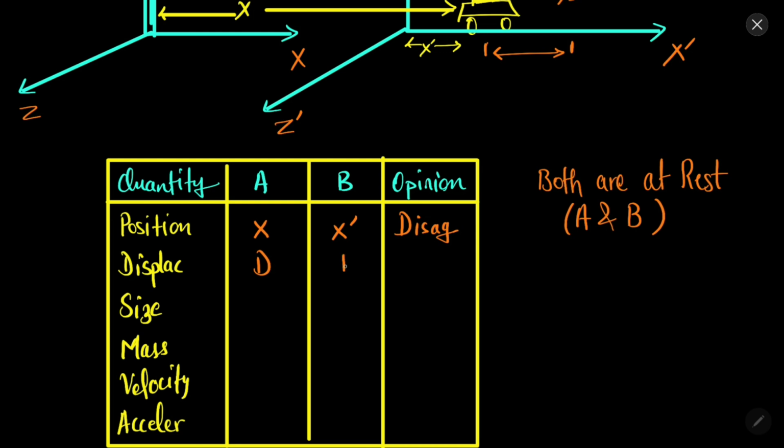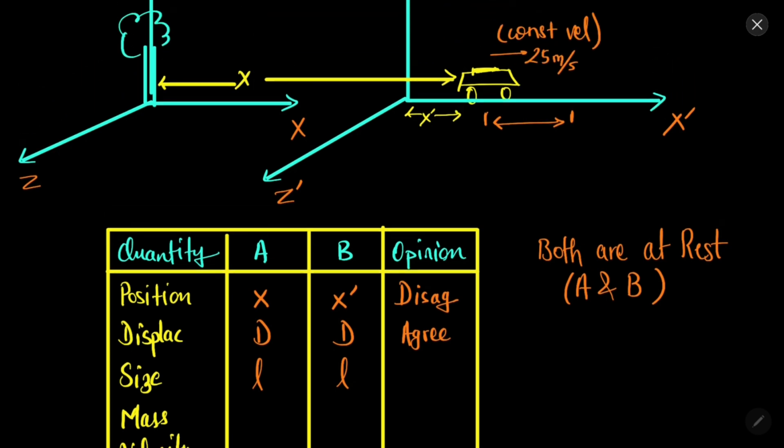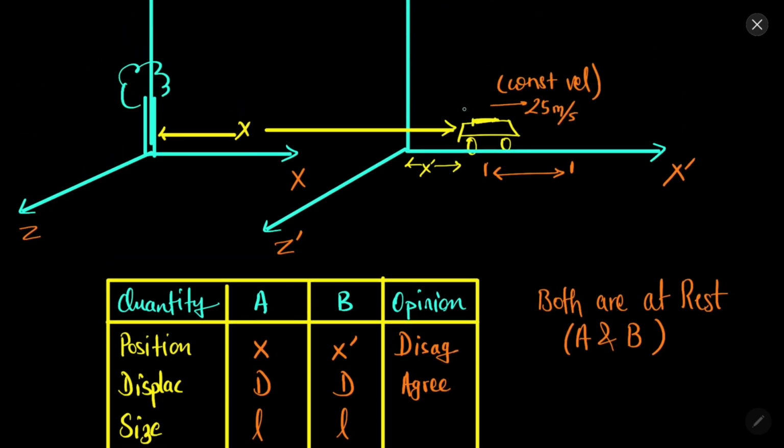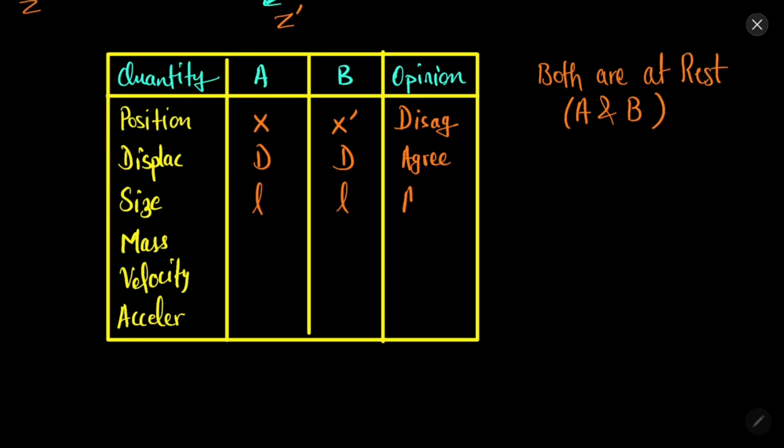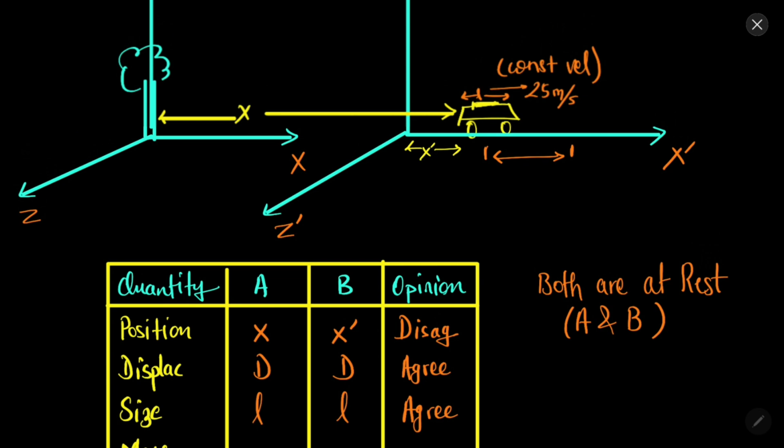Let's call the displacement d. So they will be in agreement for displacement. Size of the car: let's say the length of the car is L, so they will agree that the size is the same. In both frames you will see that the car is of length L, no problem with that.